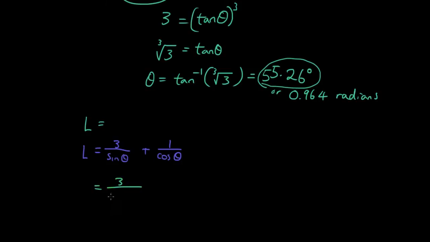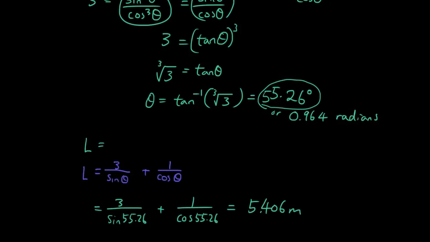So if you type that into the calculator, 3 over sine 55.26 plus 1 over cos 55.26, you will get 5.406 meters. And that is the length where we get the minimum length.